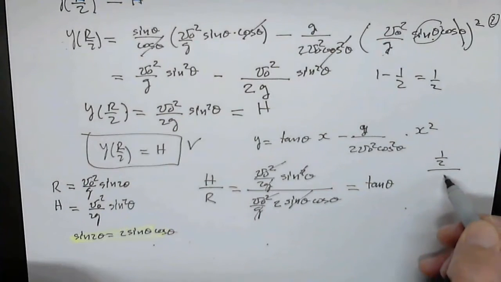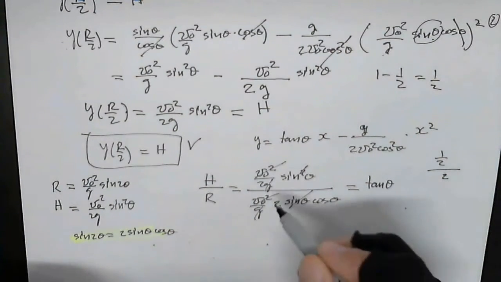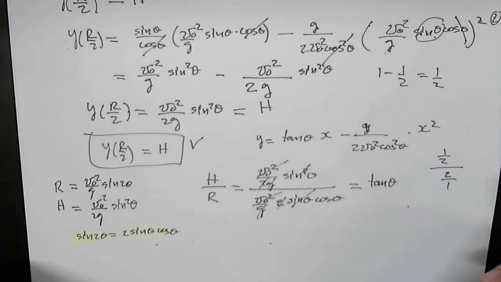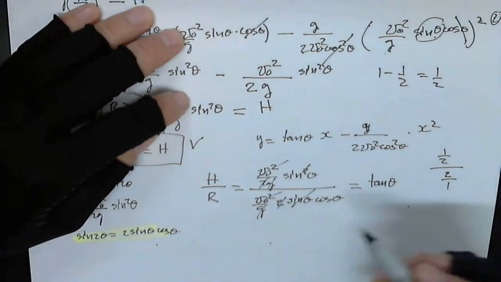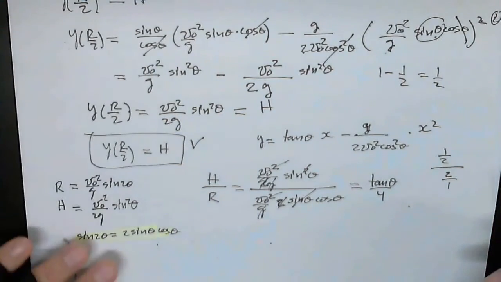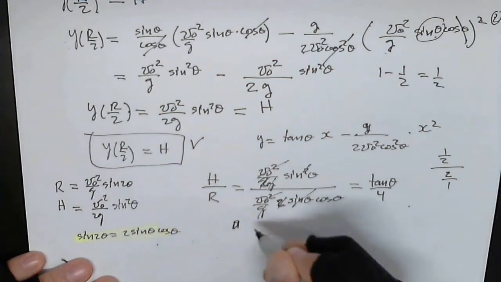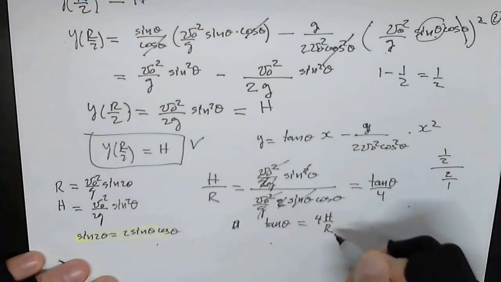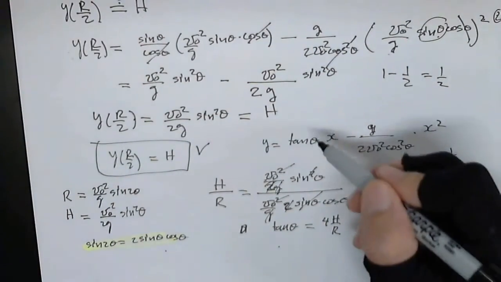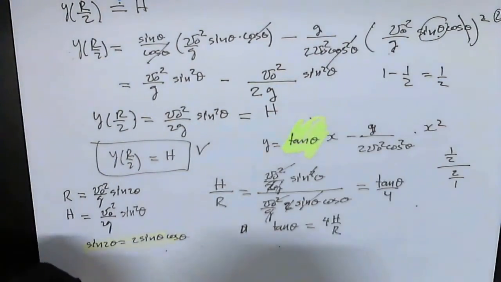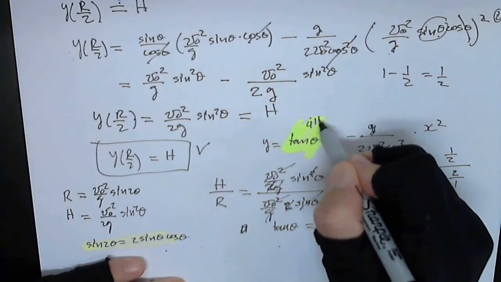One half over 2. No, it doesn't cancel, you get 1/4 over 4. So tangent of theta is 4h over r. So this over here is 4h over r.